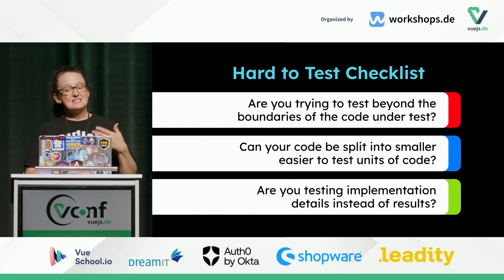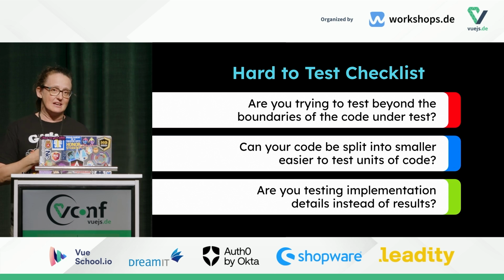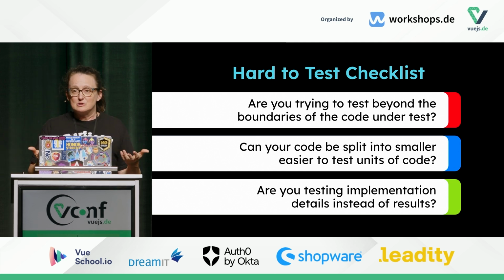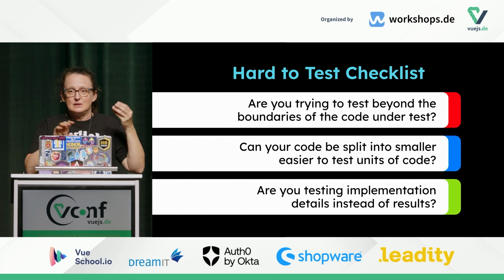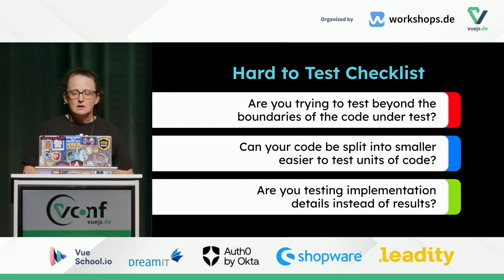Also, can your code be split into smaller, easier-to-test units? We have composables in Vue, and there's a reason they exist. You can split up your code into smaller, functional pieces that are easier to unit test. You can split very large components into smaller components, again to make them easier to unit test. And then, are you testing implementation details instead of results?